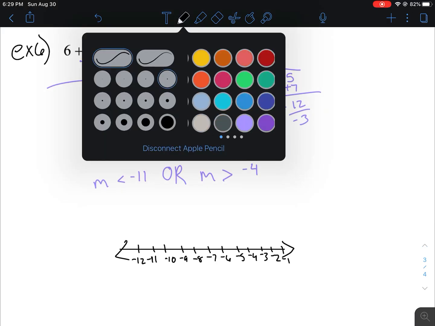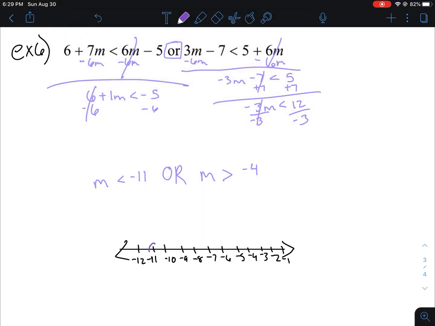Alright, so here we're going to have an open circle over negative 11 and shading to the left-hand side here. And then we're going to have an open circle over negative 4, shading to the right-hand side.